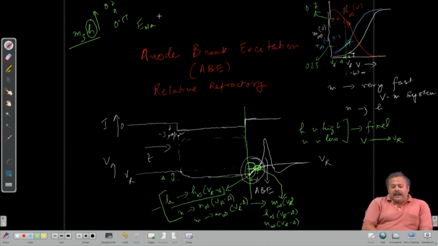Similarly, N, which is the potassium activation gate, is lower. That is, our N to the power 4 has decreased, and the role of N is to make the potassium ions go out.